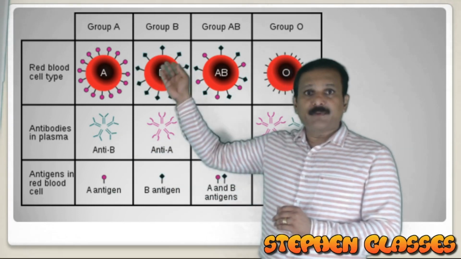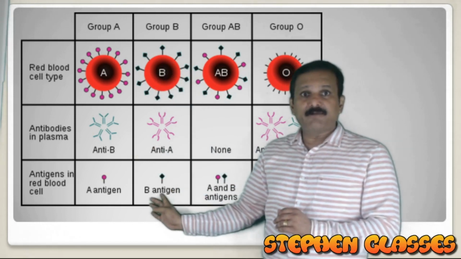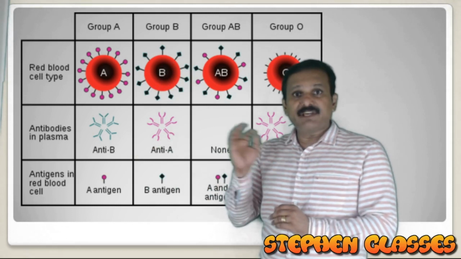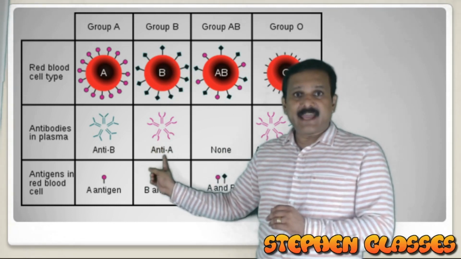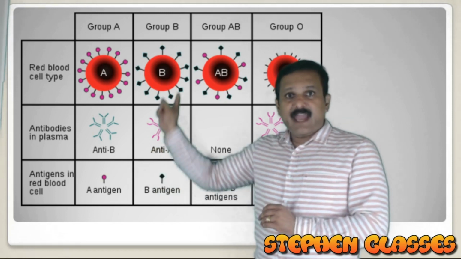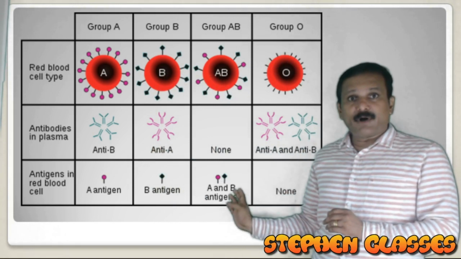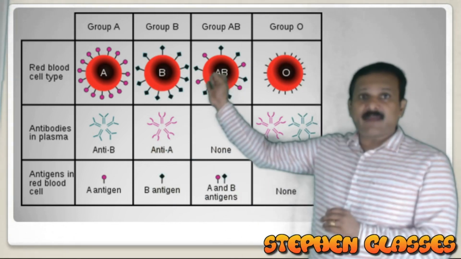What about B group? B group will have on their RBCs the surface antigen called B antigen. So that is why they are named as B group. And the plasma will contain anti-A, antibody A. AB group will have both the antigens. Both A antigen and B antigen you can see as a surface antigen for AB group.